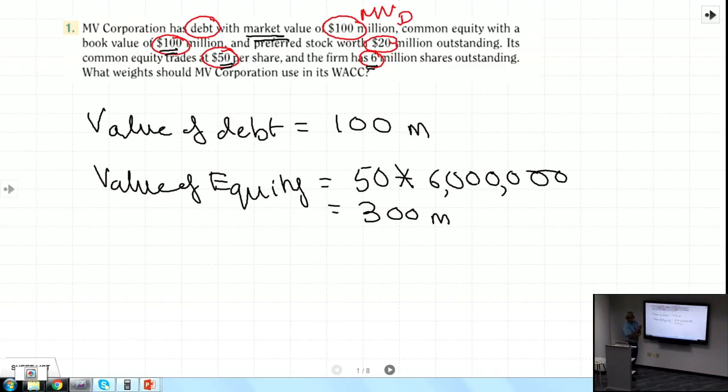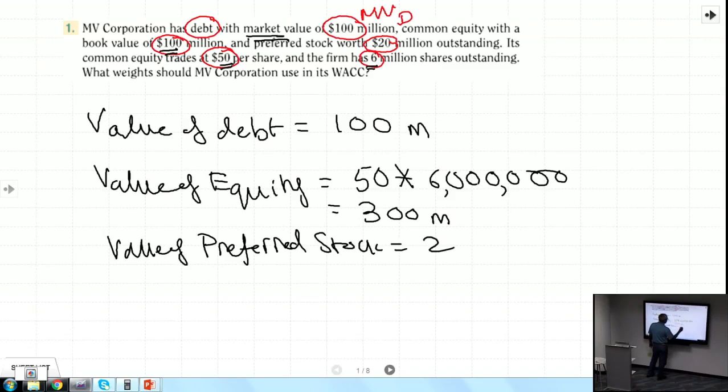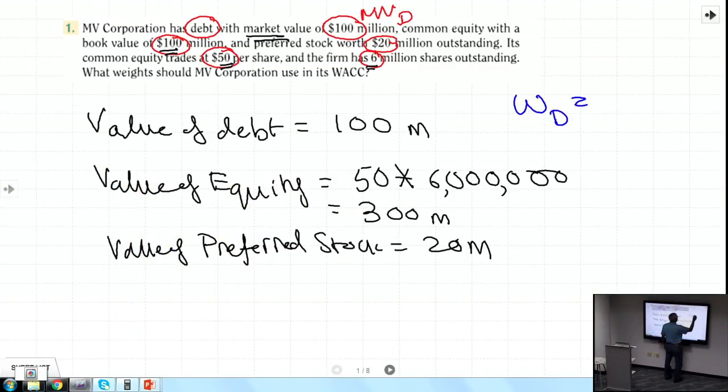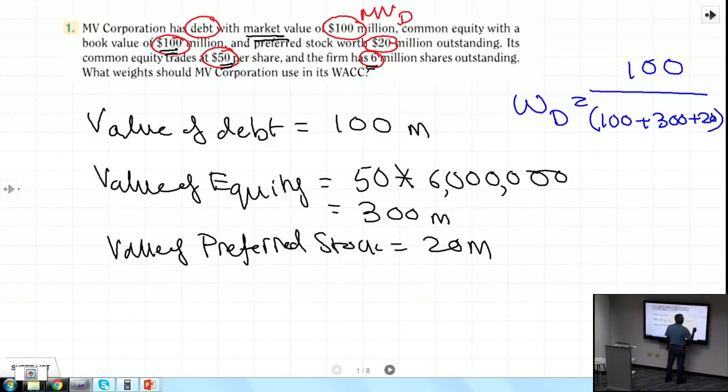And then we have preferred stock. So value of preferred stock is already given as 20 million. So from this we can calculate the weight of debt is going to be 100, which is the market value of debt, divided by 100 plus 300 plus 20.